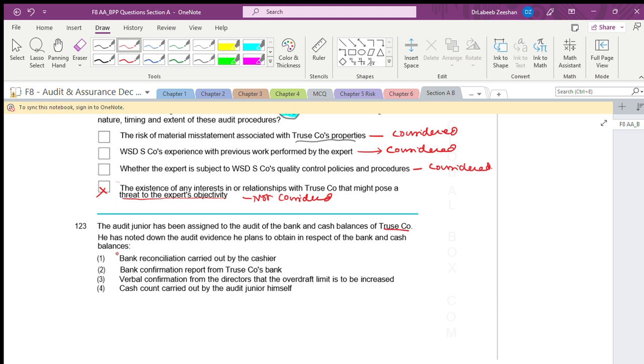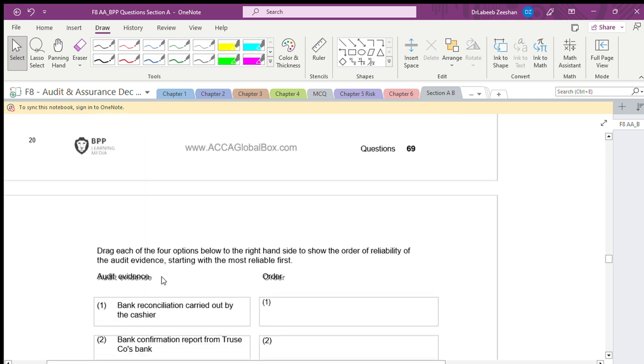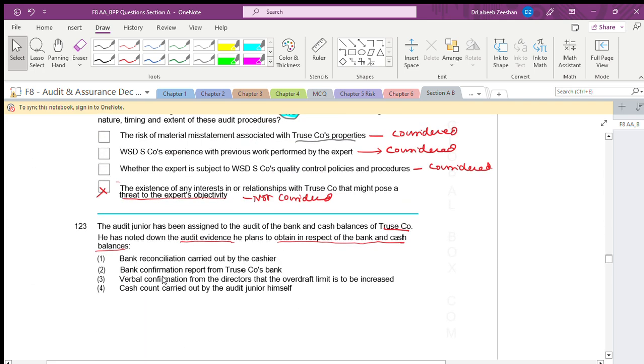He has noted down the evidence he plans to obtain with respect to the bank and cash balances. What are the things we have? Which one is more weighted? Which one is going to be more reliable?